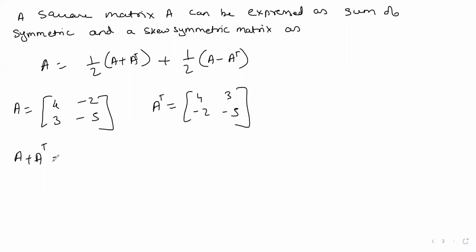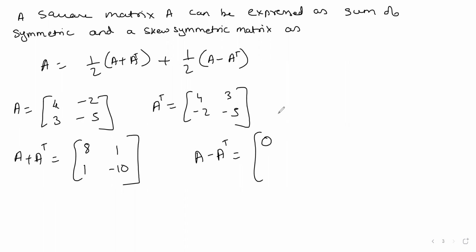A plus A transpose is 4 plus 4 is 8, minus 2 plus 3 is 1, 3 plus minus 2 is 1, minus 5 plus minus 5, this will become minus 10. Okay, then we'll do A minus A transpose. 4 minus 4 is 0, minus 2 minus 3 is minus 5, 3 plus 2 is 5, and minus 5 minus minus 5 will become 0.